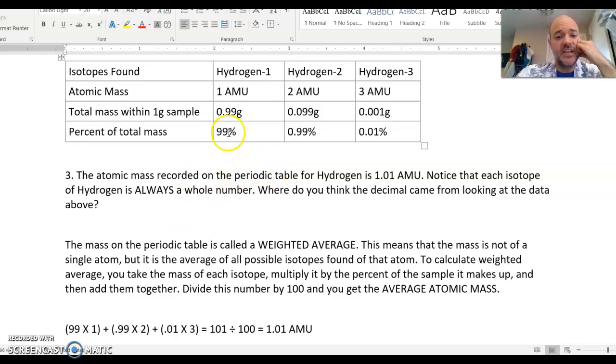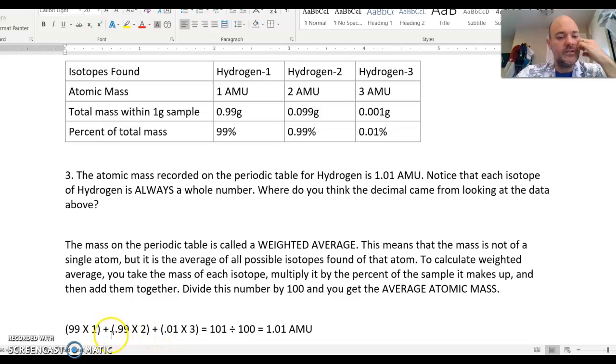You take the percentage and you multiply it by the mass number of that isotope. So 99% of hydrogen is hydrogen 1, so we do 99 times 1. 0.99% of hydrogen is hydrogen 2, so we do 0.99 times 2. 0.01% of hydrogen is hydrogen 3, so we do 0.01 times 3.